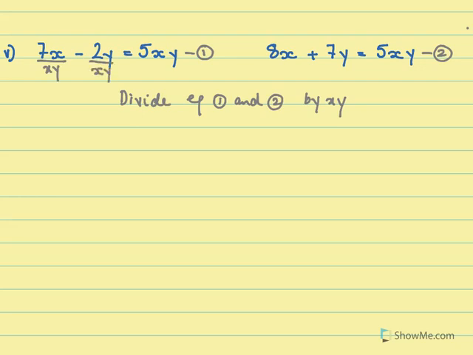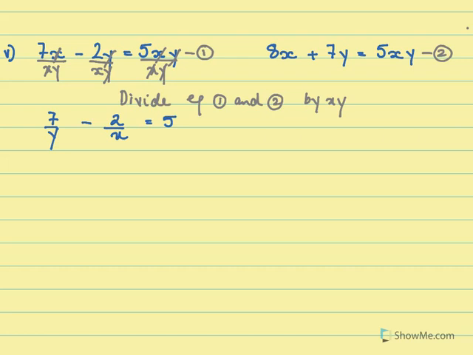So when I divide the first term by xy, this will cancel out and I will get 7 over y. In the second step again I will divide by xy, the y will cancel out and now I will get minus 2 over x. Here I'll divide by xy and both will cancel out and I will get equal to 5.